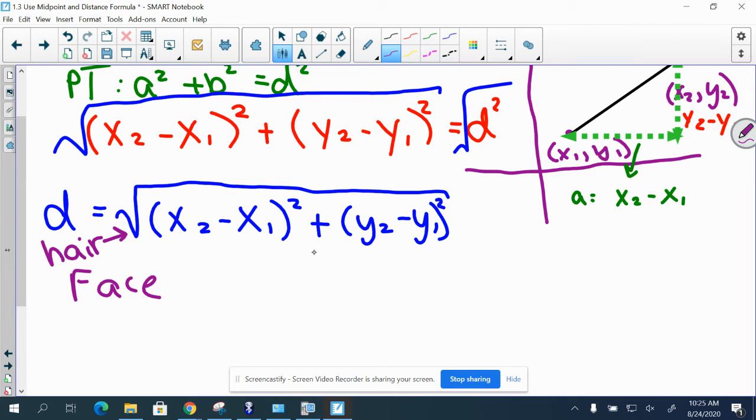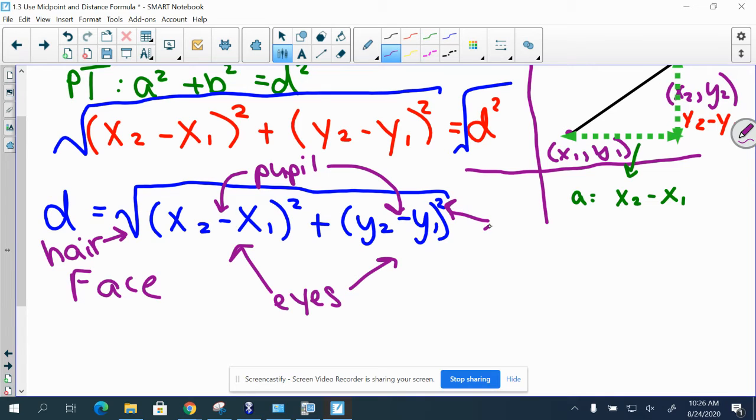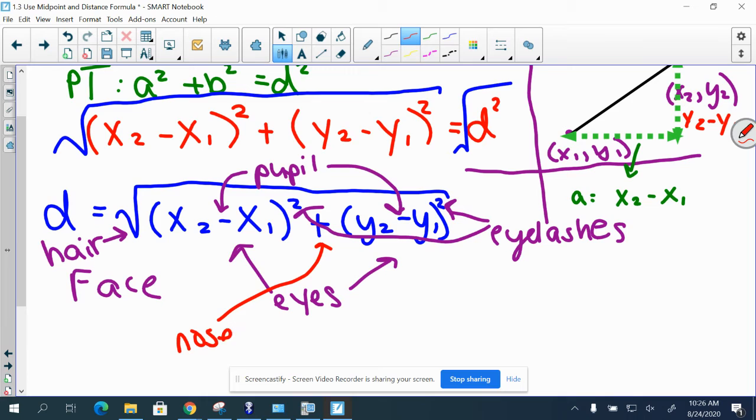The parentheses would represent the eyes, where the subtraction signs represent the pupil. The squares on both represent the eyelashes. And finally, the plus sign represents the nose. So if you want to think about it that way, you can.